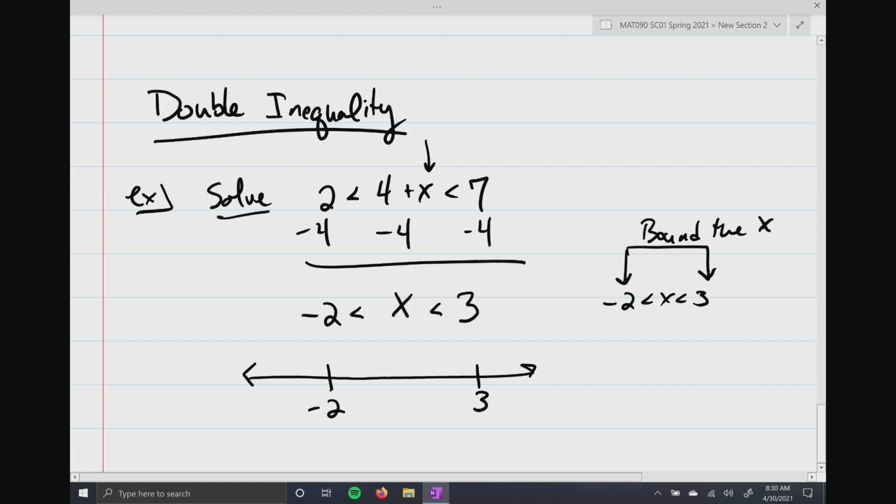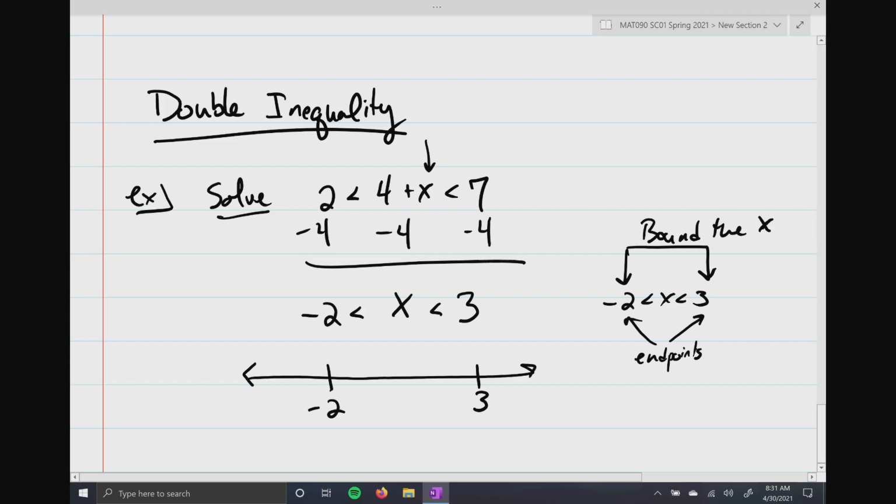The negative 2 and 3 are called endpoints. And they basically contain the x value. They bound the x. We use the word bound a lot in calculus class. We have upper bounds and lower bounds, stuff like that. So think of the negative 2 and the 3 as the two numbers that x will not pass.